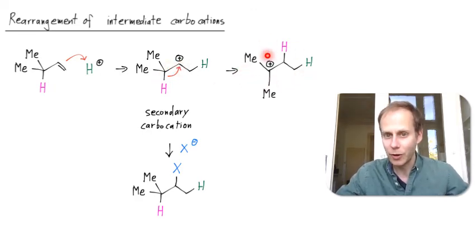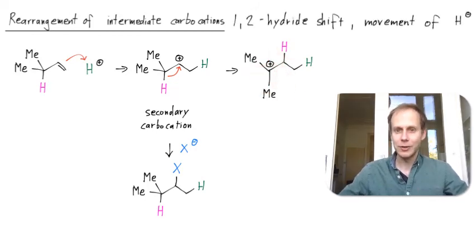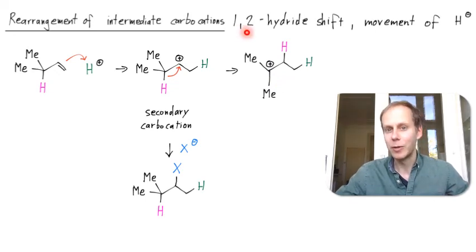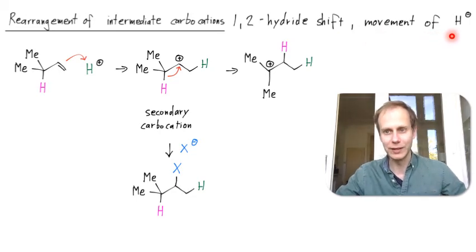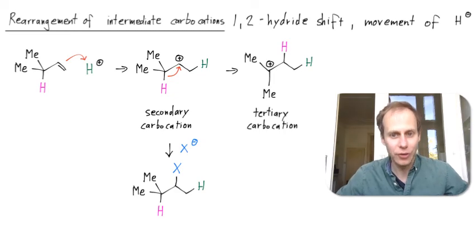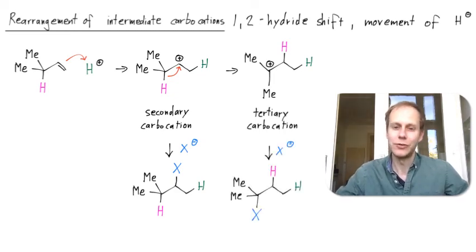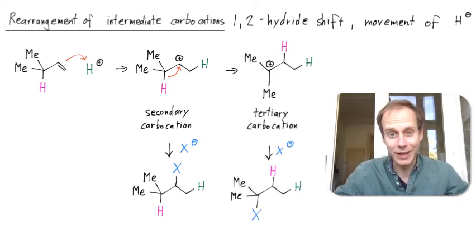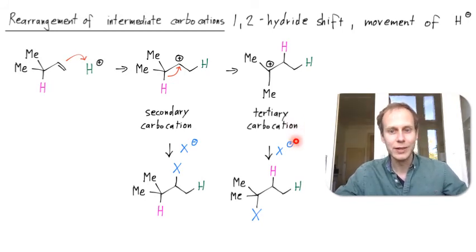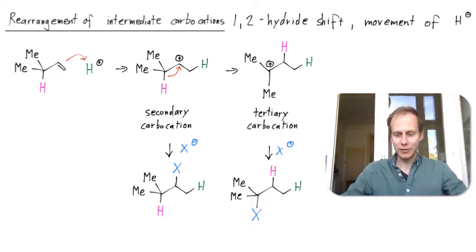So the whole process leads to the formation of this more stable carbocation, and we call this a 1,2 hydride shift. It is based on the movement of a negatively charged hydrogen, which is called hydride. And this is now a tertiary carbocation, and it can again react with a halide, a nucleophile, causing the addition of the halide to the positive side of the molecule.